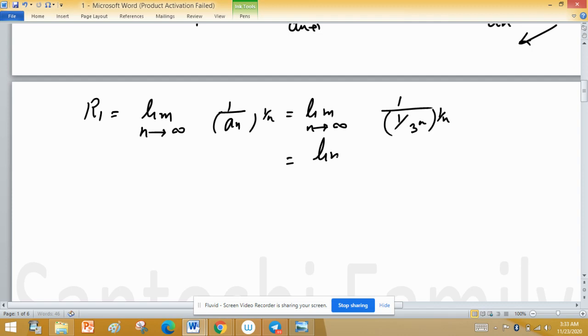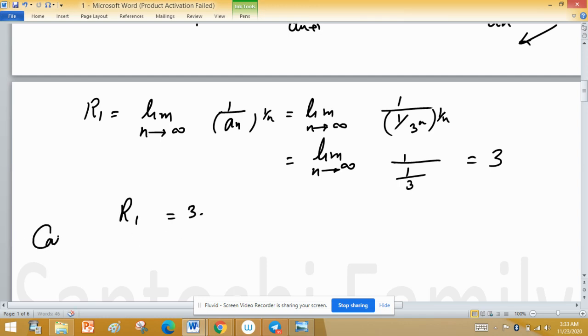This will be limit n tends to infinity 1 upon 1 by 3, or it will be 3. So the radius of convergence for the power series when n is prime is 3.